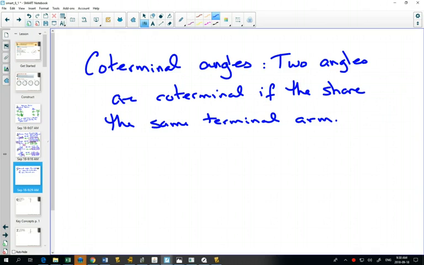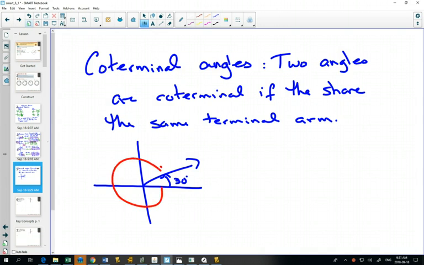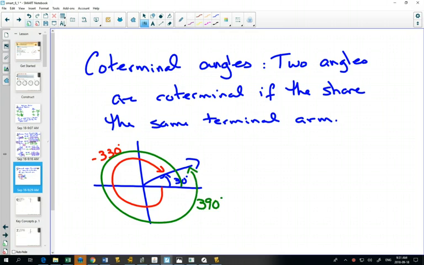In other words, if I take 30 degrees, 30 degrees is coterminal with negative 330 degrees. 30 degrees is also coterminal with 390 degrees.